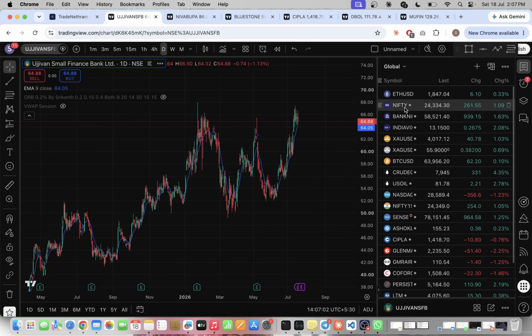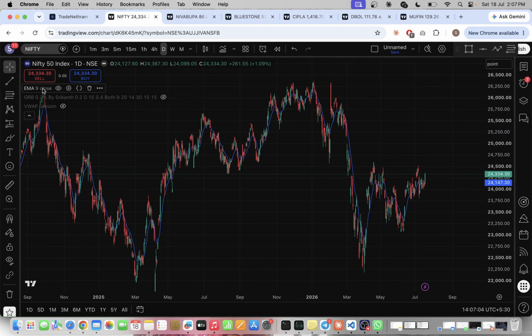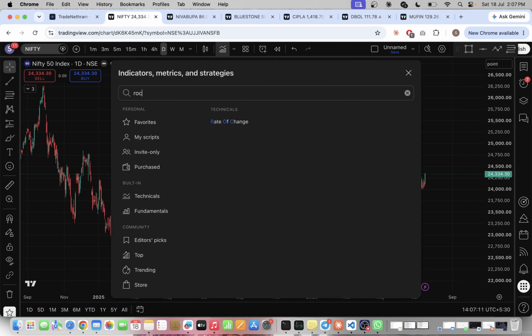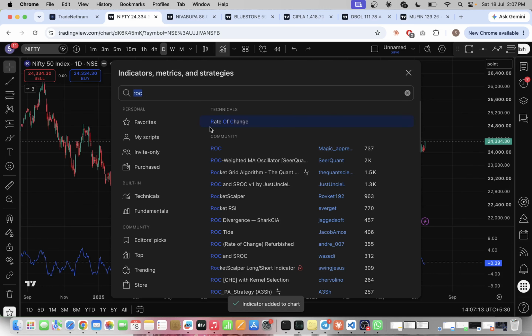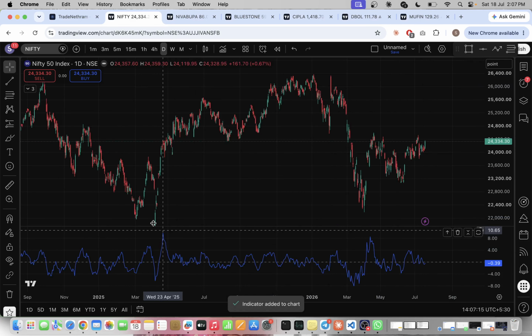Let me go to Nifty. There is an indicator called ROC, right? It will appear at the bottom of the chart, and I go to the settings here.